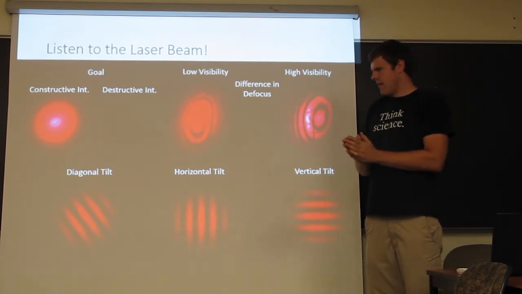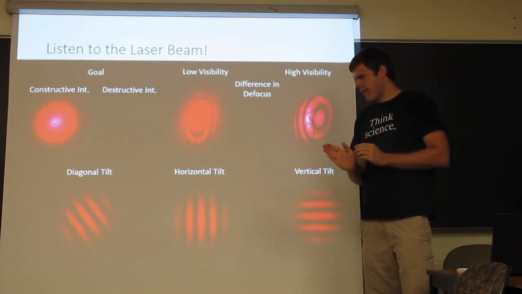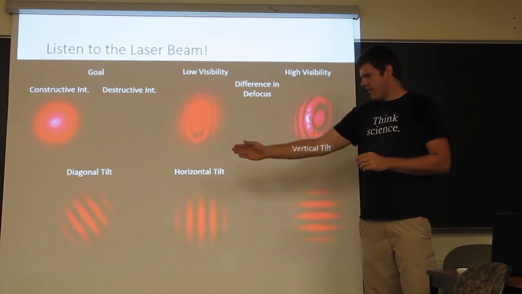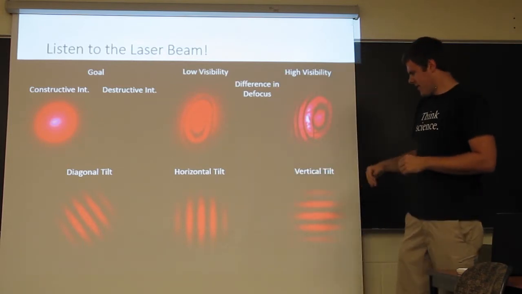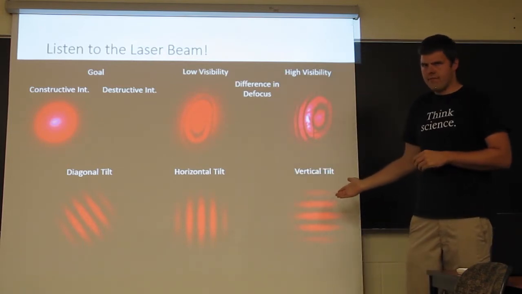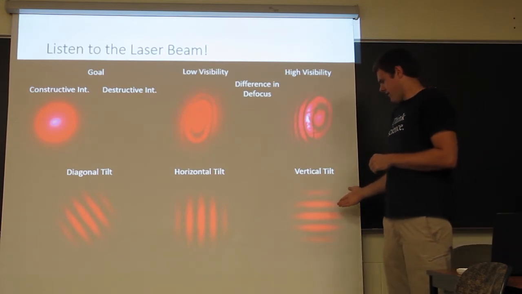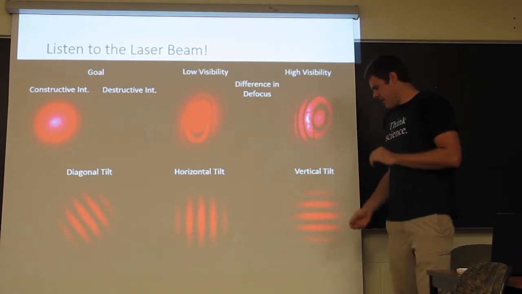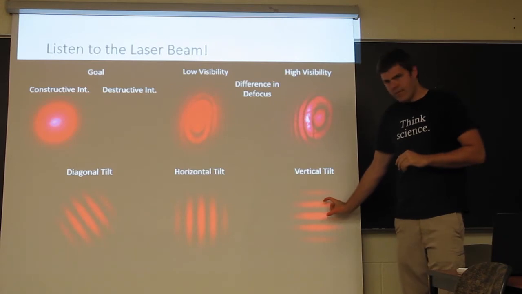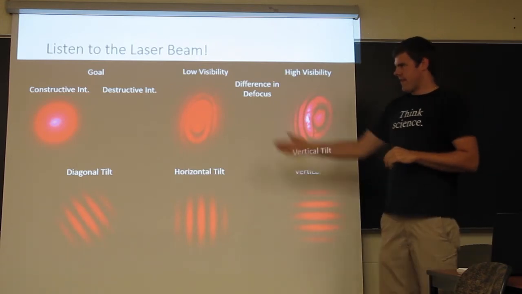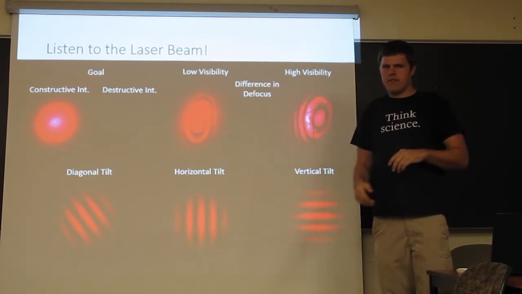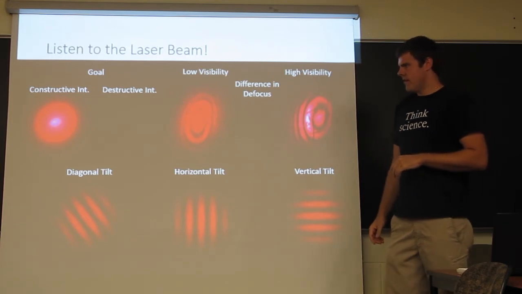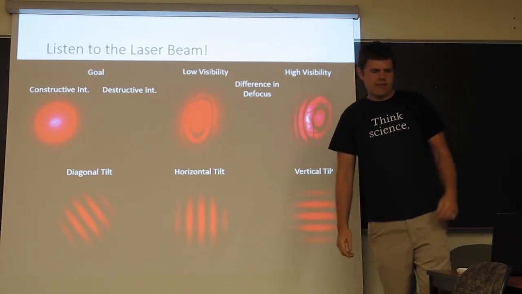I would tilt one of the beams horizontally until there was no more horizontal tilt, and then you would see just vertical tilt. At that point, what you want to do is tilt one of the beams vertically until each of these fringes gets bigger and bigger until they encompass the whole beam. And then there's no tilt between the beams and your interferometer is aligned.